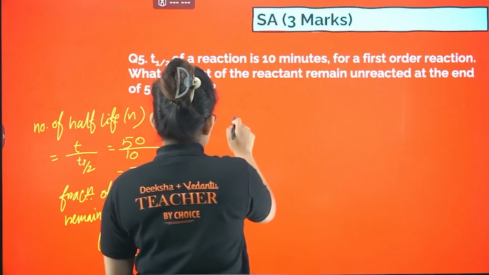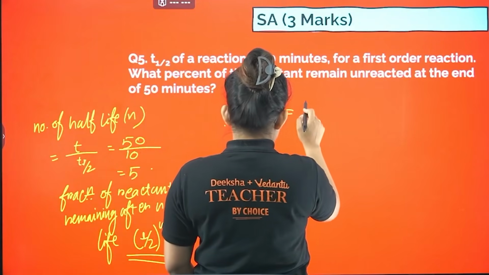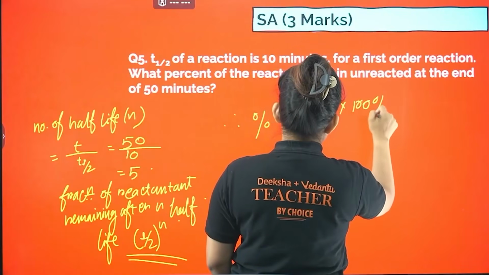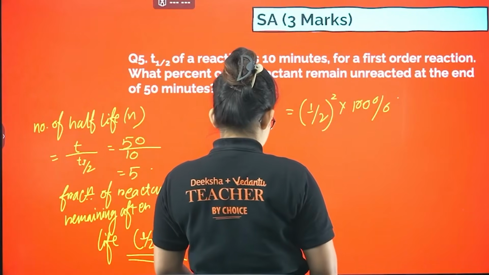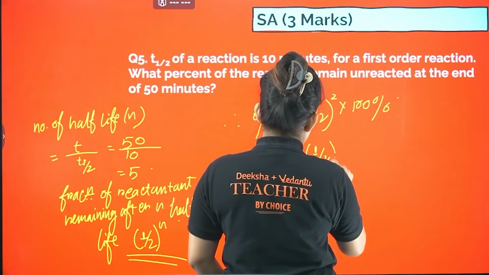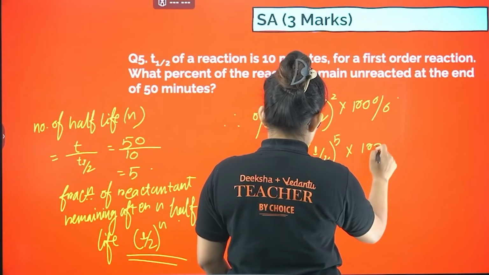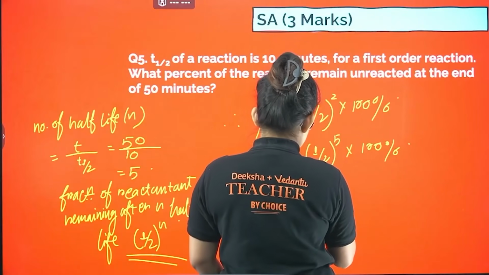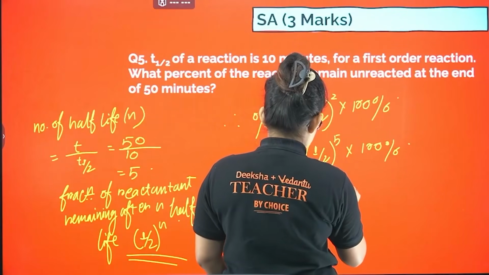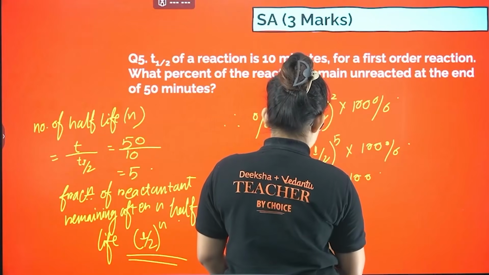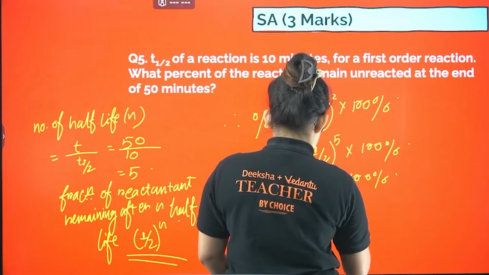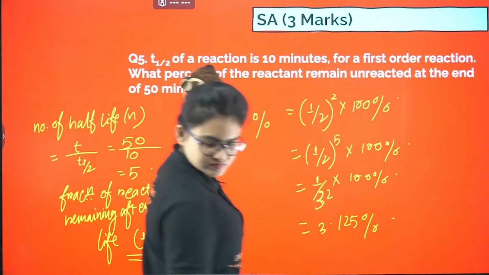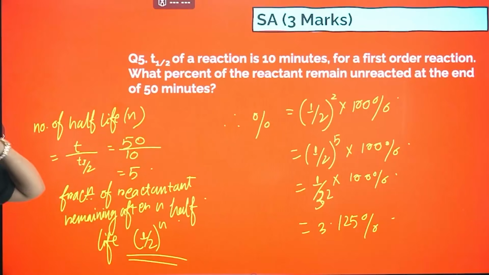So from there the percentage is half power n into 100%. Let's put half power 5 into 100%. From here we will get 1 by 32 into 100%. So you will get 3.125%. Okay, so this is the process. Let's proceed.